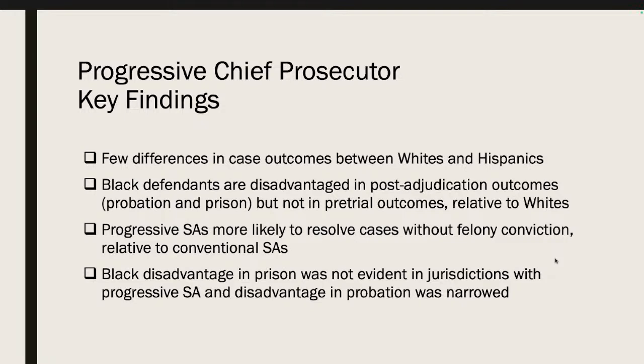And there wasn't evidence of Black disadvantage in prison sentences in jurisdictions with progressive chief prosecutors, but there was a disadvantage in that outcome for jurisdictions with conventional chief prosecutors. And as I mentioned before, the Black disadvantage in probation outcomes was narrowed in progressive jurisdictions.